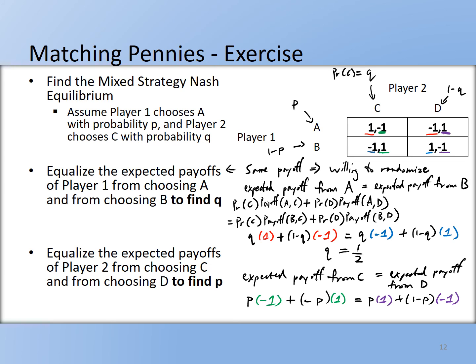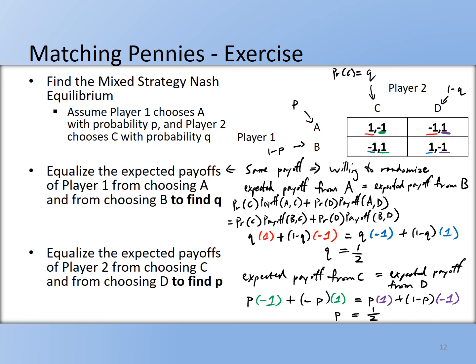Now we go to the other case. If player 1 uses action A, player 2 chooses action D. We are on the top right corner, and I'm going to use purple. Player 2 is going to get 1.